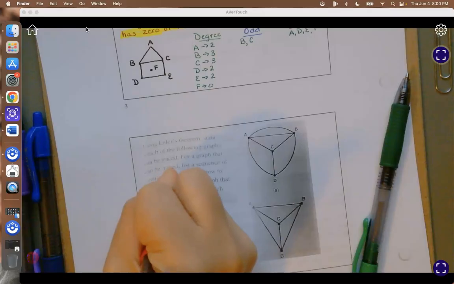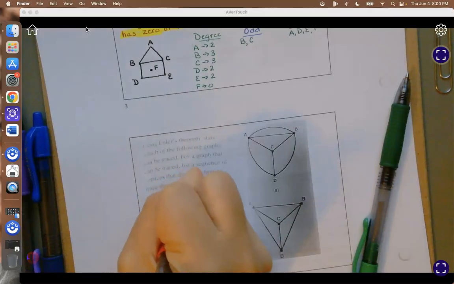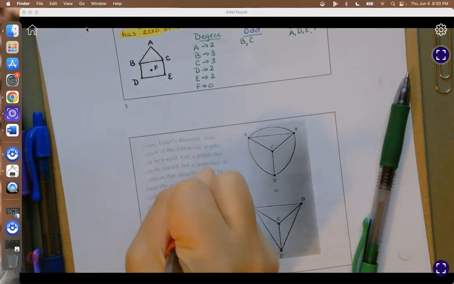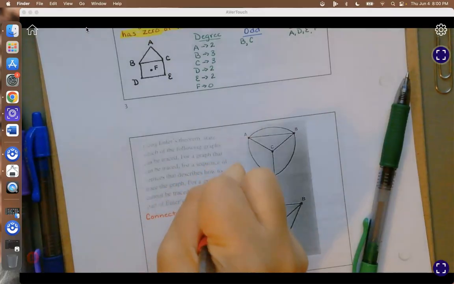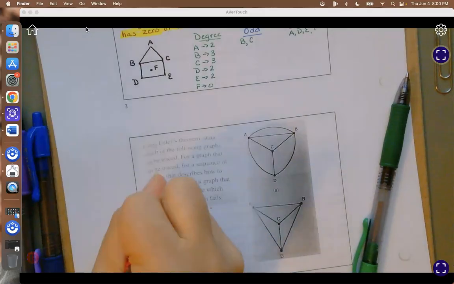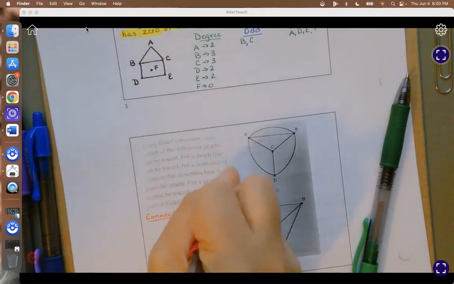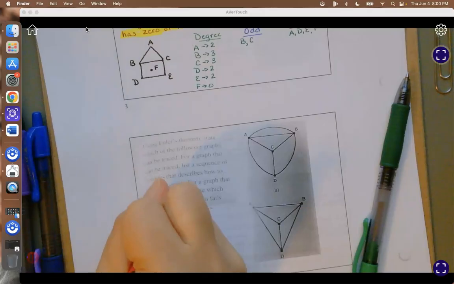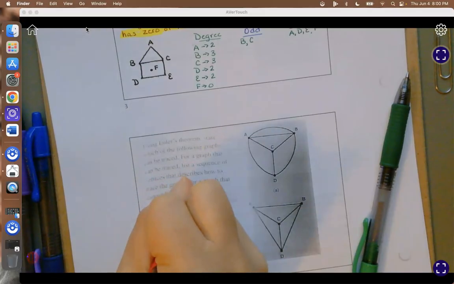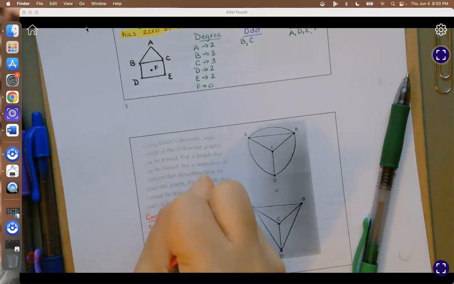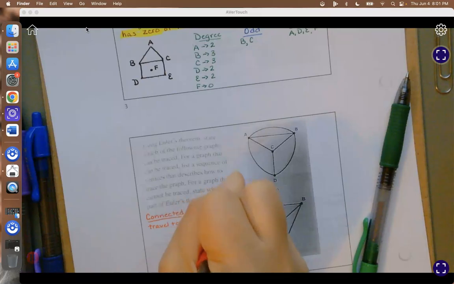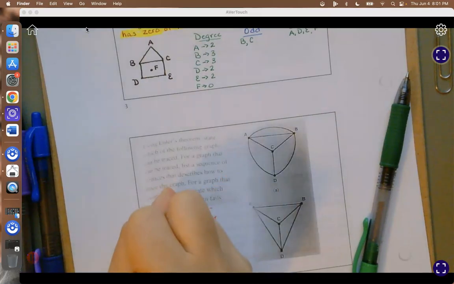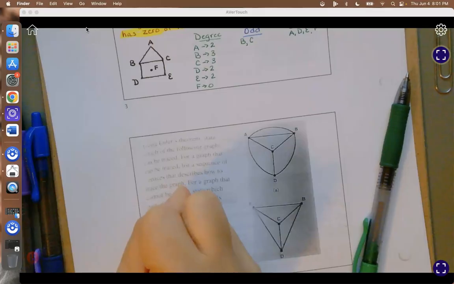All right. So I'm going to do this one the way this other one should have been done. We're going to do the degrees of each. So we have A, B, C, D. Then we have odd and even.